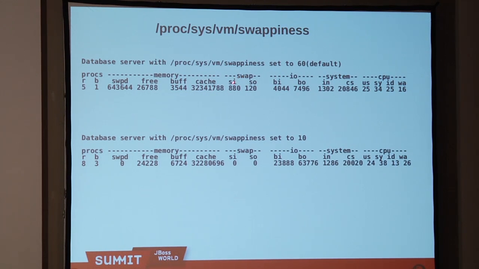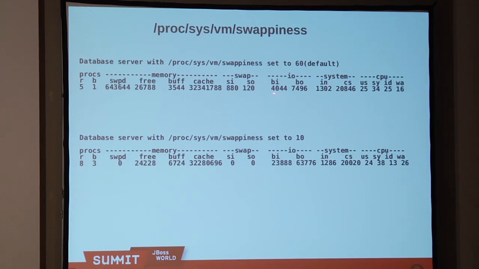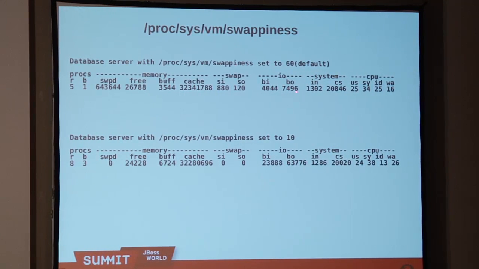When you start seeing SI and SO values, you probably start experiencing slowdown, and in fact, block in and block out are directly proportional to that, the number of kilobytes. So this is running 4 megabytes a second of input and 7 megabytes a second of output.